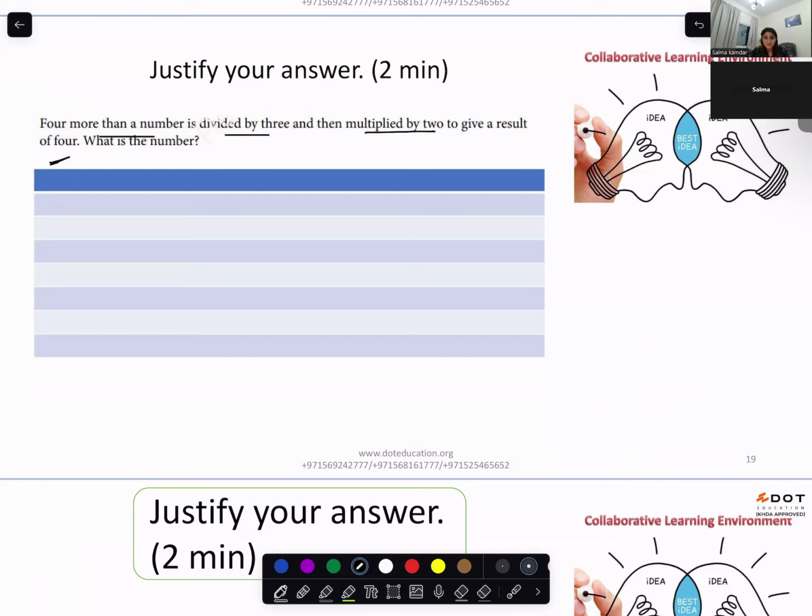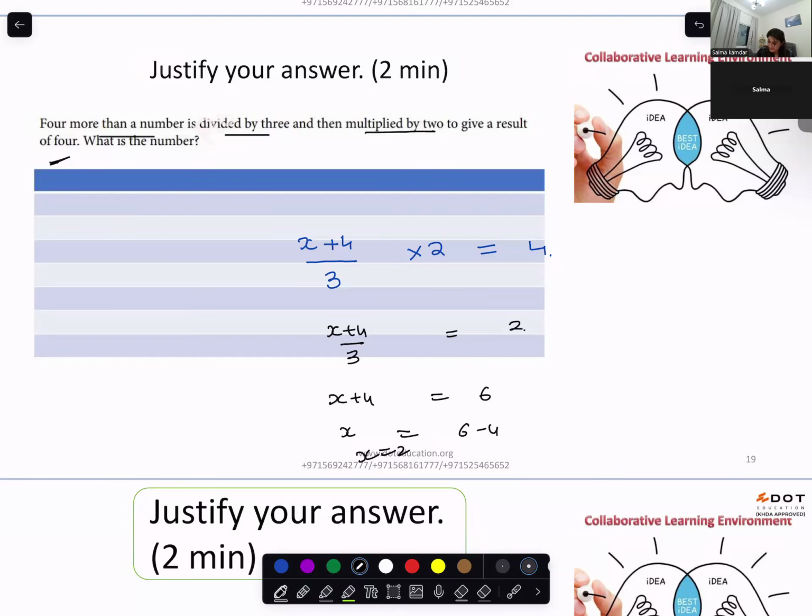4 more than a number. Number is x. 4 more than a number is divided by 3 and then multiplied by 2 to give the result of 4. What is the number? Think over it.